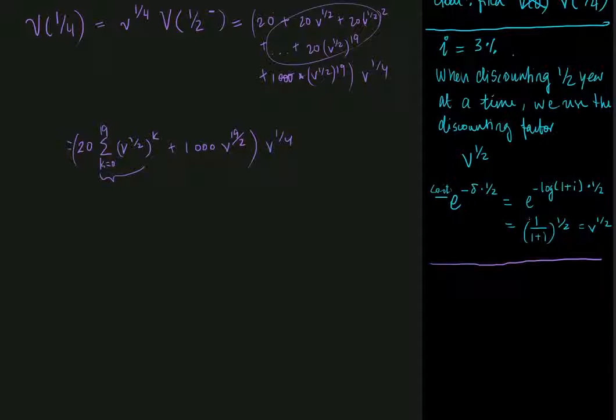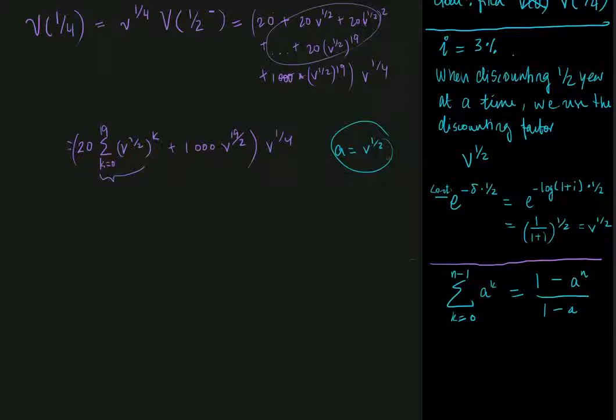So we can use our geometric sum formula from chapter 1 in the book that tells us that whenever I have the sum of a to the k for k going from 0 up to n minus 1, then this is equal to 1 minus a to the n divided by 1 minus a. So in this case, I apply it for my a, which is equal to v to the 1/2.